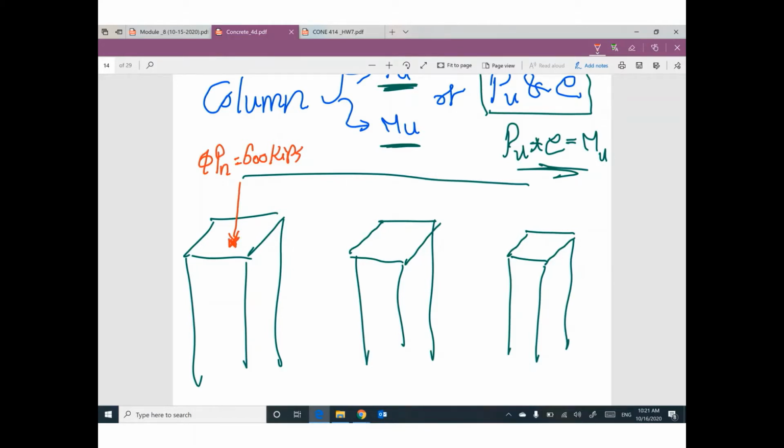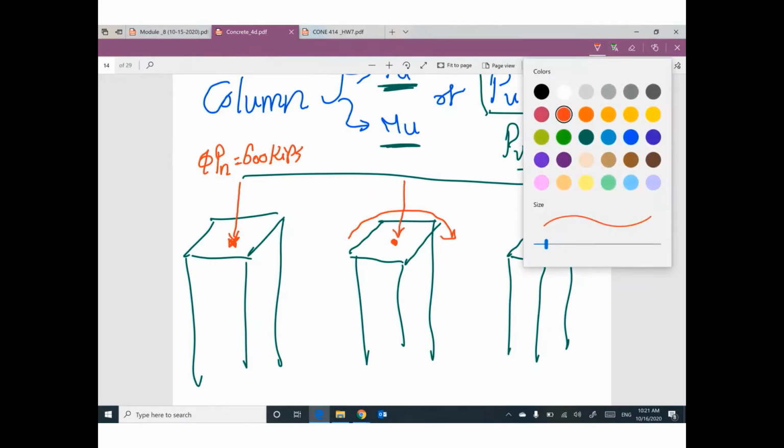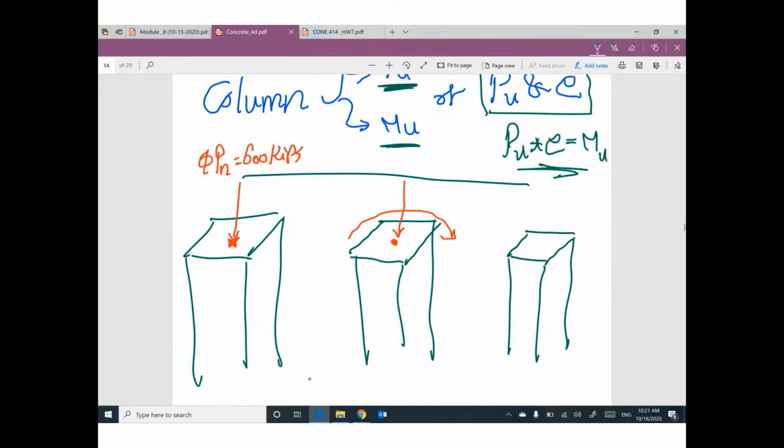But if this column is under the effect of moment and load, I believe this moment, which is 30, for example, will make the capacity of this column not 600 but 500. Why? Because some of the column capacity is exhausted due to the effect of the moment.